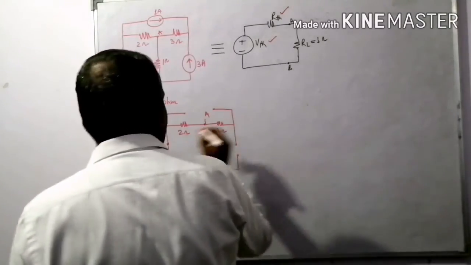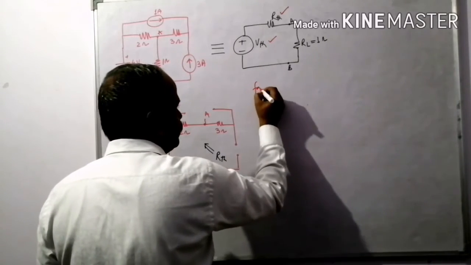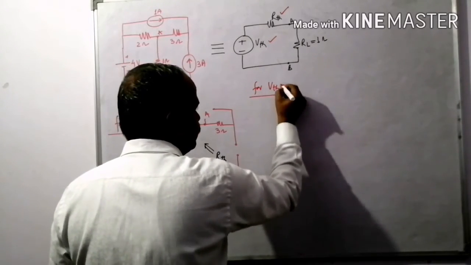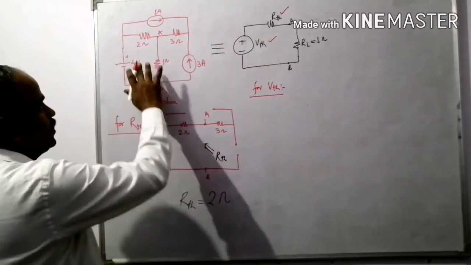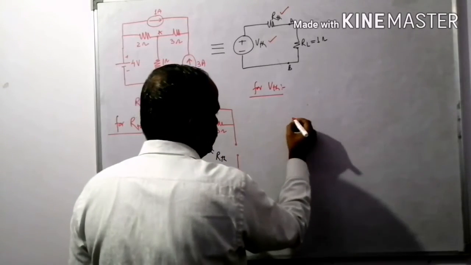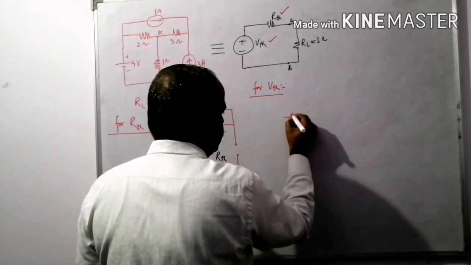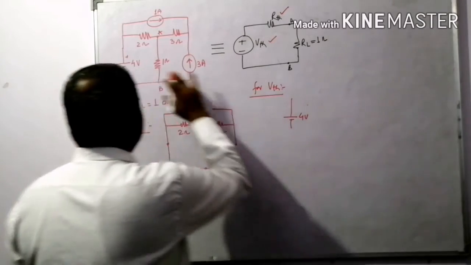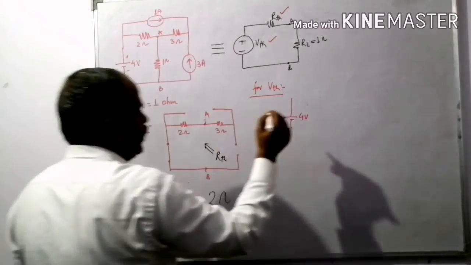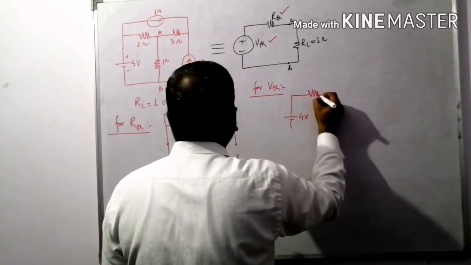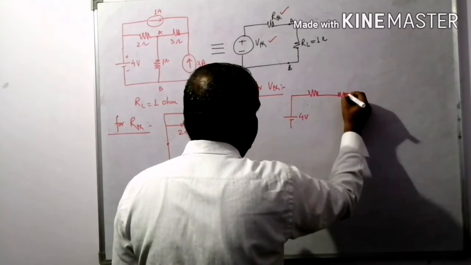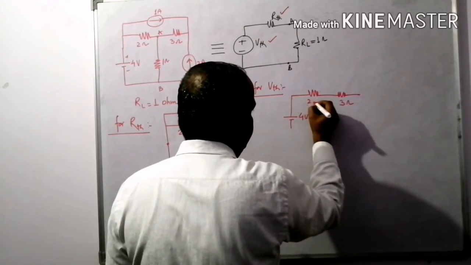Now for the calculation of VTH. Yes, I am going to draw the circuit. Voltage source having the voltage 4 volt and resistances 2 ohm, 3 ohm.